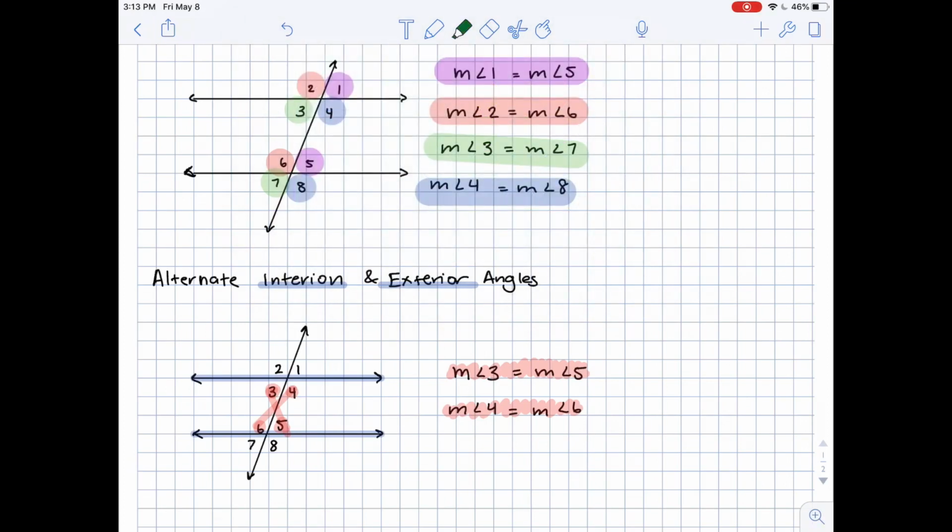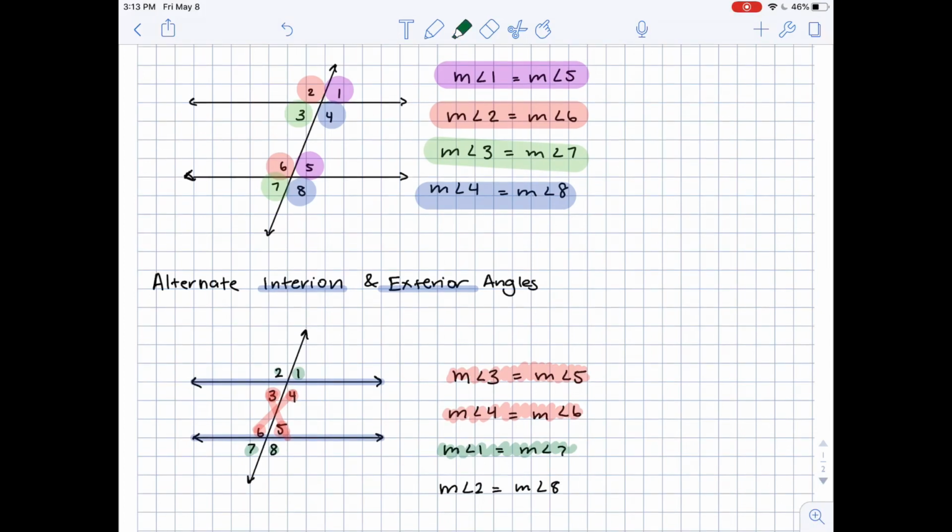Works the same for exterior as well. The measure of angle 1 is equal to the measure of angle 7, and the measure of angle 2 is equal to the measure of angle 8. Just like the interior, these exterior angles also cross.